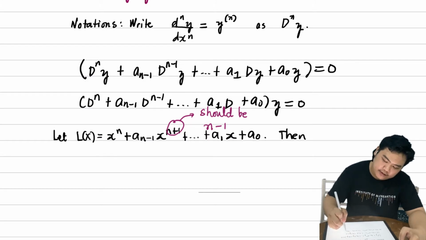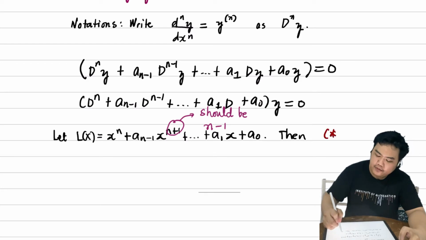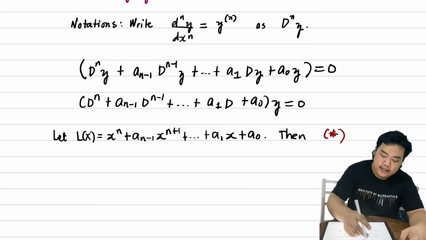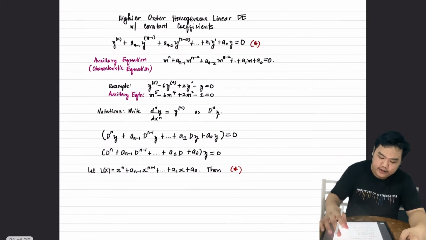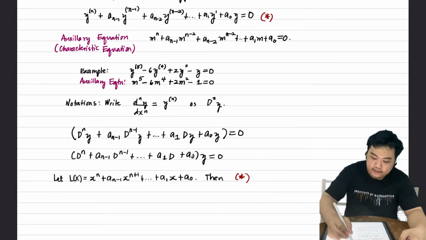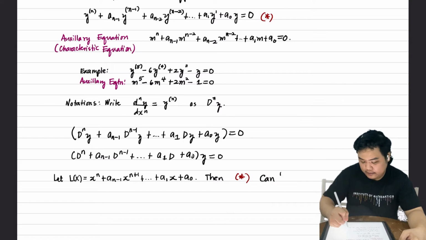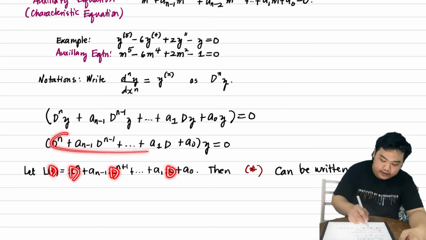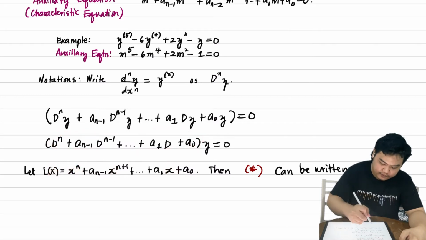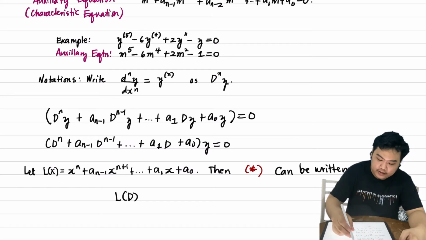Then, yung original na differential equation natin, which is this one, can be written as, if you plug in D here, you get this, right? So L of D tapos your y equal to 0.